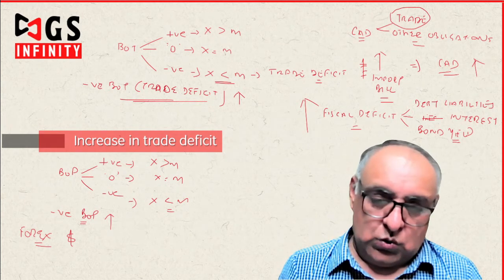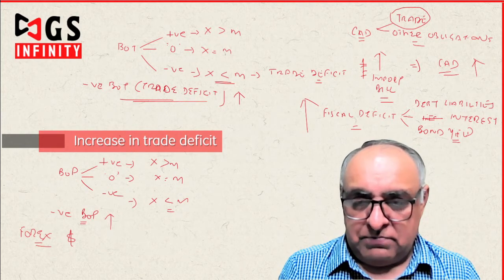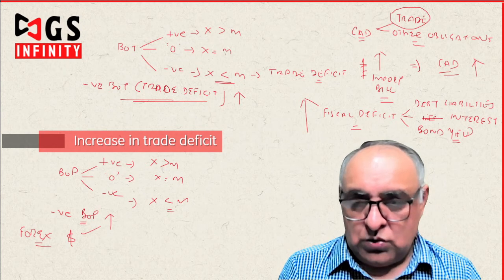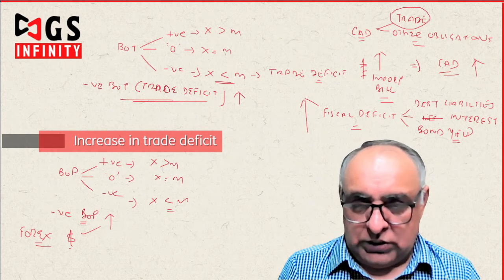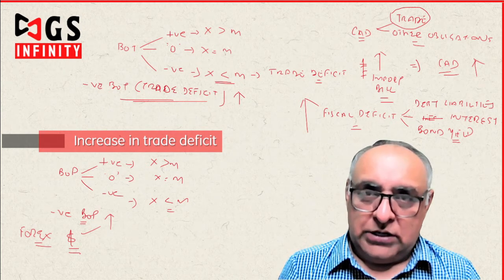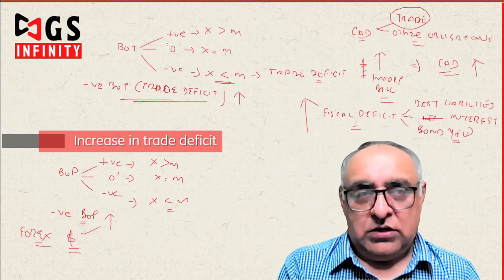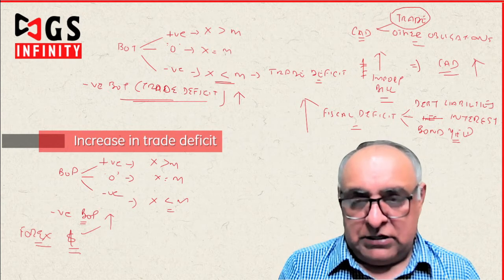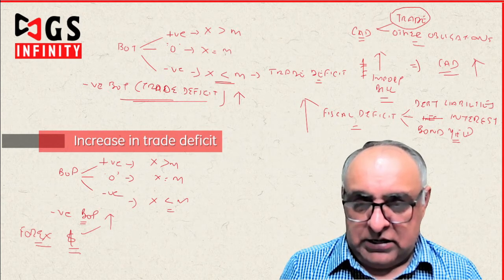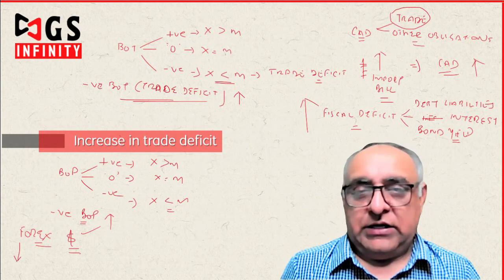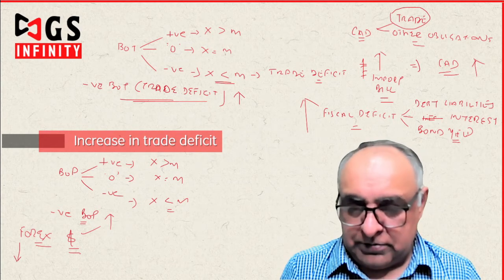That would lead to more payment of dollars, or withdrawal of more dollars from the chest of the central bank, that is the Reserve Bank of India, and that may lead to a fall in the foreign exchange reserves of the country, which is considered not good.